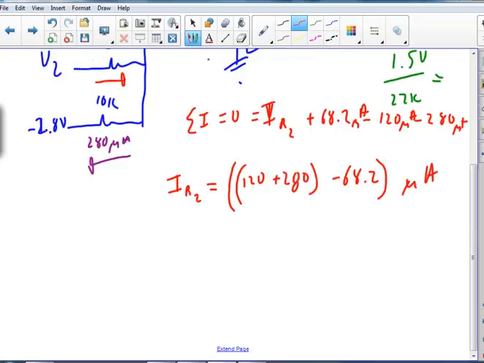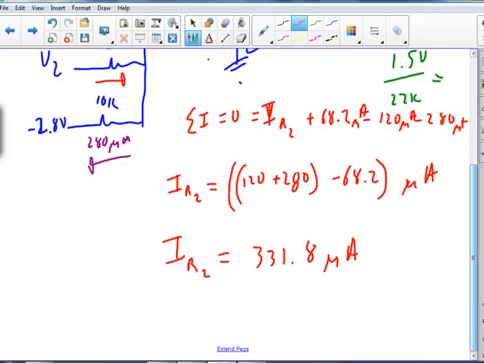Right? 120 plus 280 minus 68.2. The current through R2 has to be 331.8 microamps.